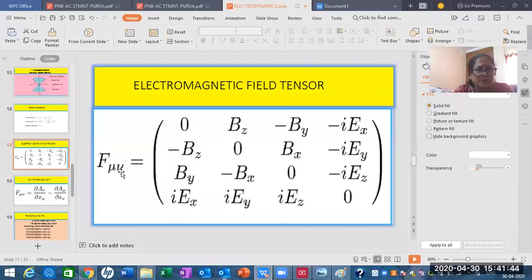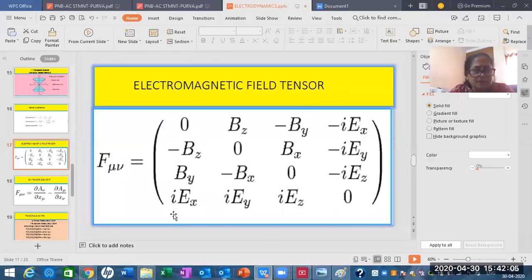So F mu nu is a tensor. What tensor is it? It is a 4 by 4 tensor. But you can see here, how many variables are we using? 4 variables. Of course, the t variable is not appearing here, only the x, y, z partials are coming.